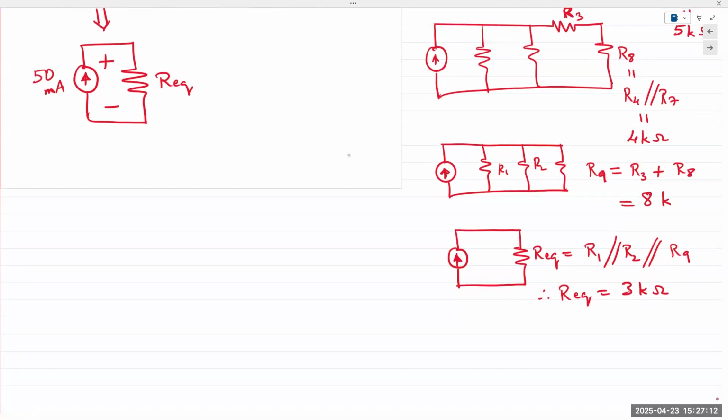What do we get? So IS, VS, 50 milliamps. VS is equal to IS times REQ.